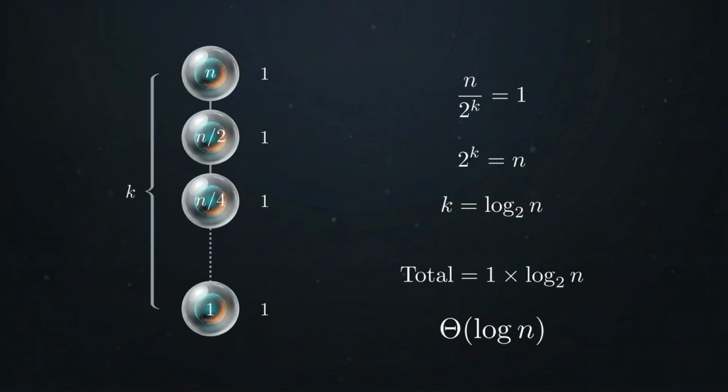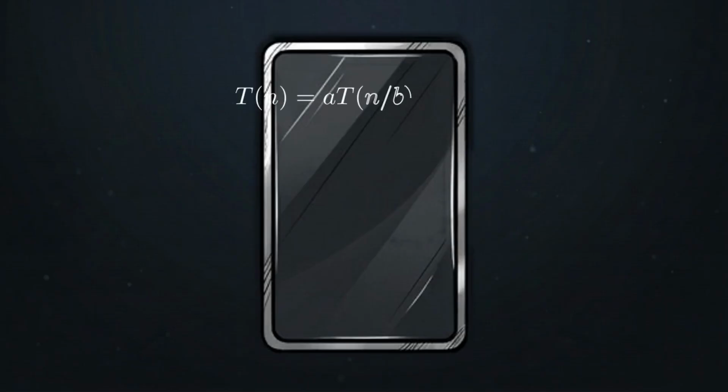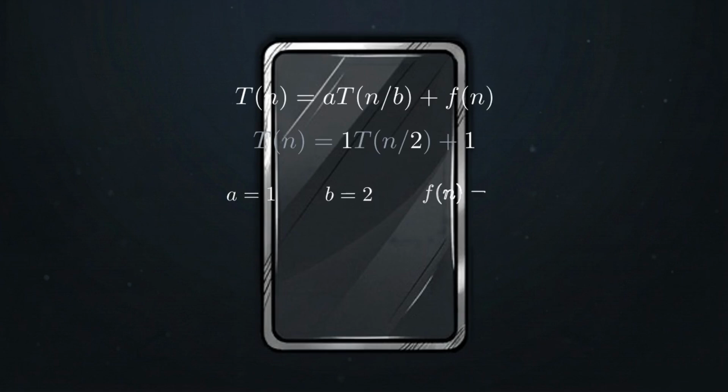We can confirm this using the master theorem. We align our relation with the general template, T(n) = a·T(n/b) + f(n). Here, a is 1, b is 2, and the driving function f(n) is 1. Plugging these in, the critical exponent is n to the power of log base 2 of 1.